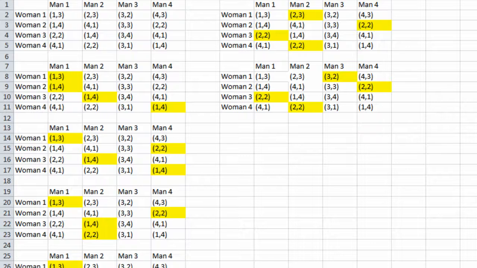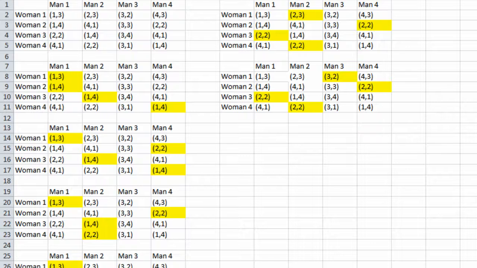So we're going to begin in the first round. We mark all the women as rejected, and therefore each woman will propose to her favorite man. So woman 1 will propose to man 1.